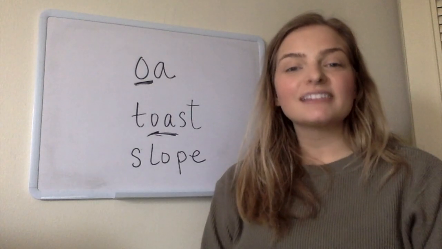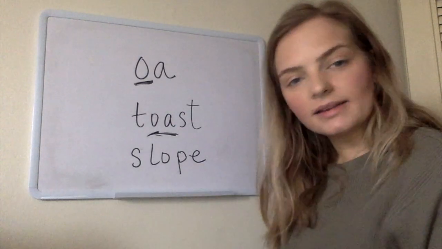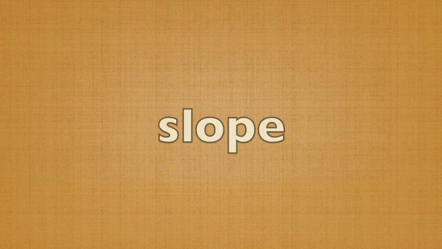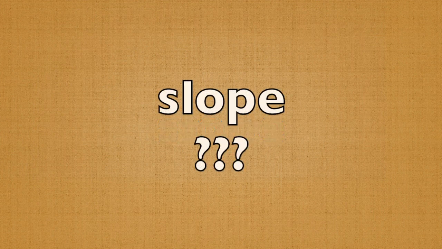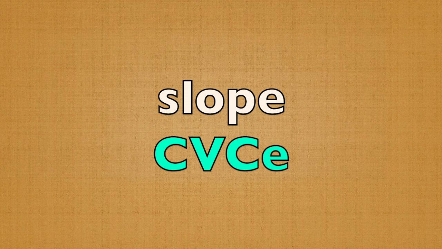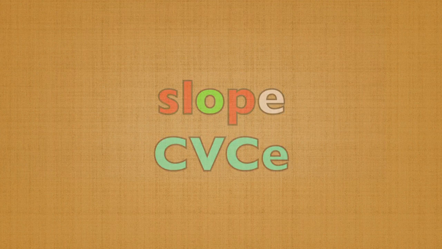You got it. It's slope. Why is it slope? If you see the E here at the end, the E is going to tell the O to say its name, and the O is a long vowel O. So we hear slope. And what spelling pattern was this word? It was a CVCe spelling pattern, right? Because we have our consonant, vowel, consonant-e.